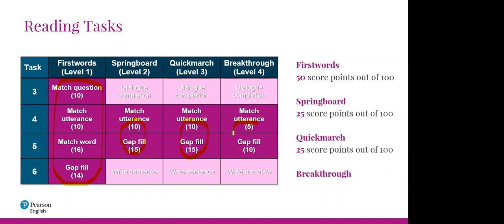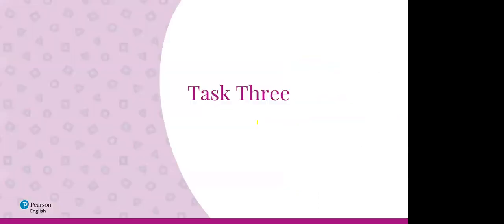And for the highest level, level 4, this is 15 score points, the maximum for the reading skill in this examination. So these are the tasks that we are going to look at. This is what we regard as reading tasks.